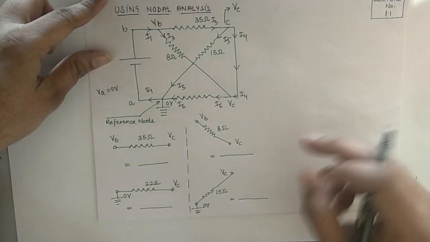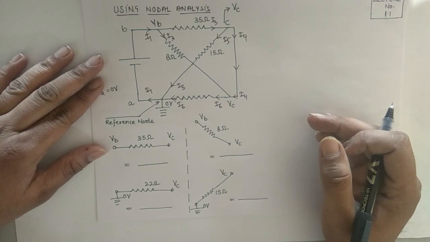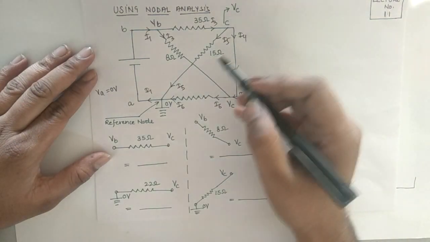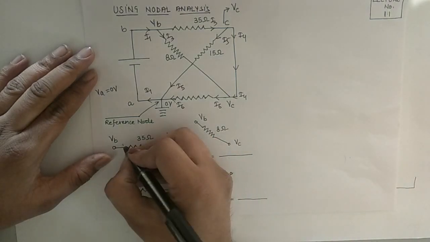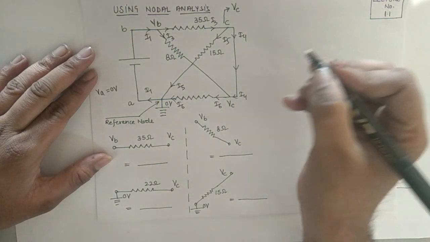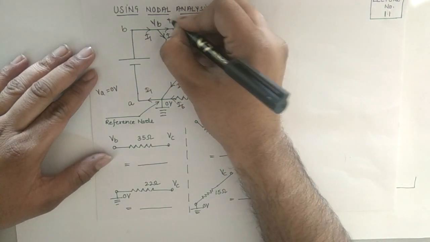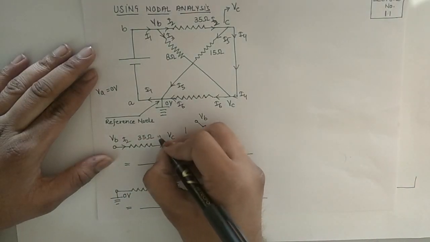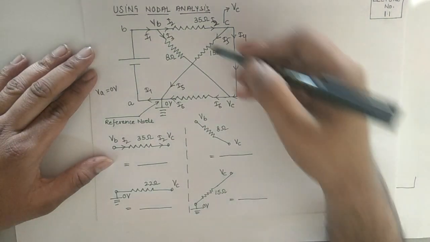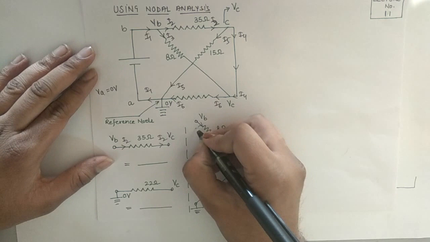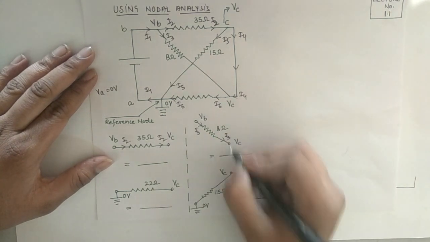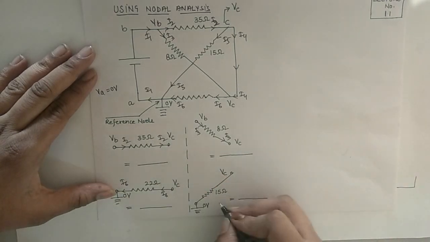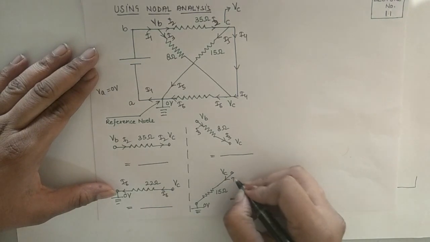After that, considering the current, we use the previous convention as discussed earlier. So this is B and C, 35 ohm. The direction of current is like this, this is I2. In B and C, this is I3, and here this is I6, and this is I5.